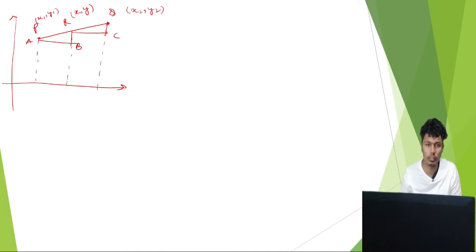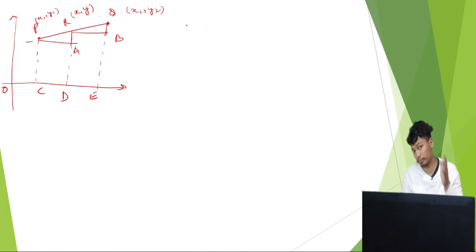Here was A, right? Here was B, C, D, E, and here is O. So we have got all the coordinates.